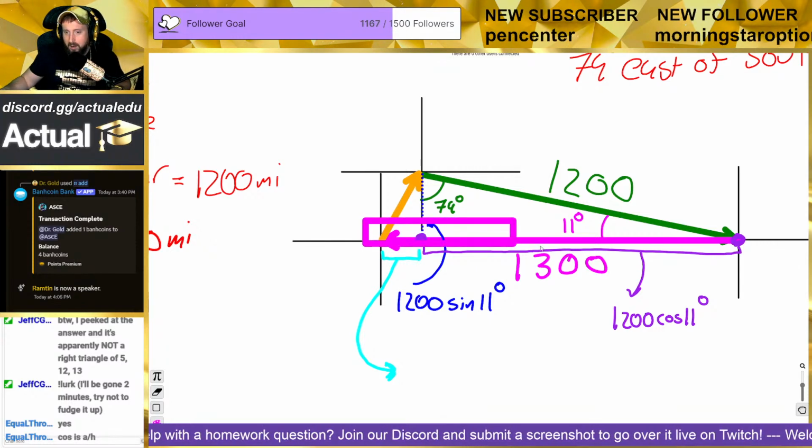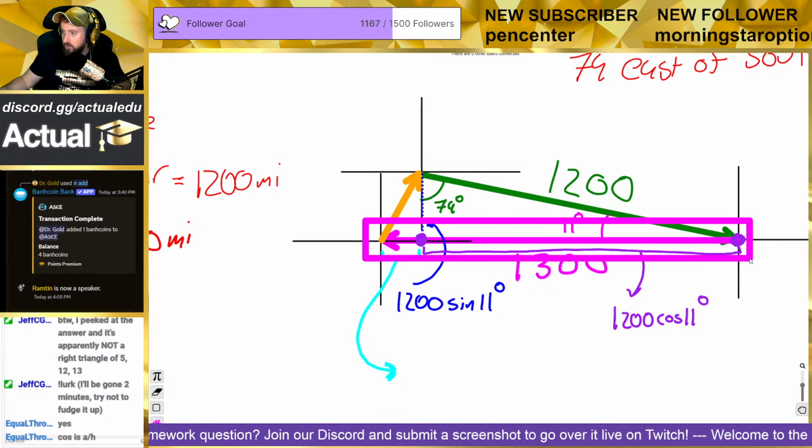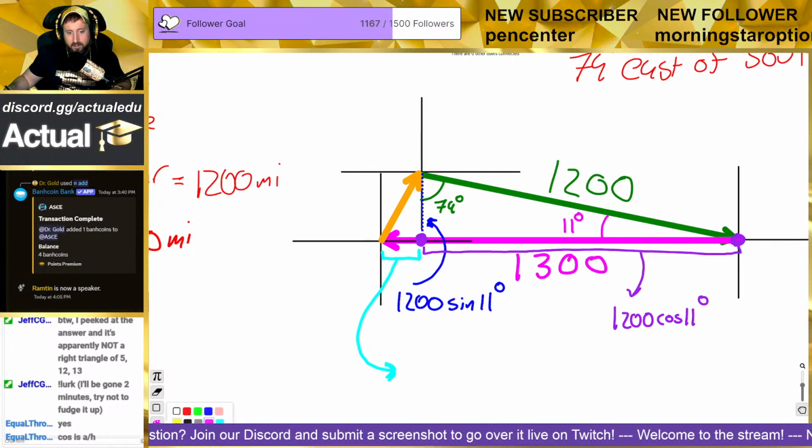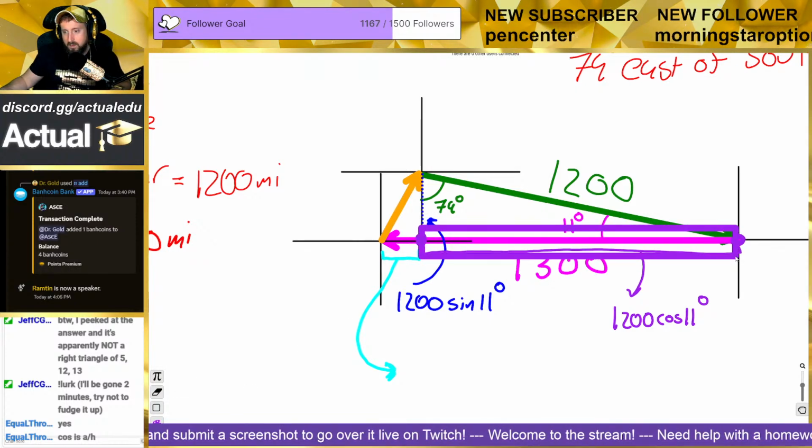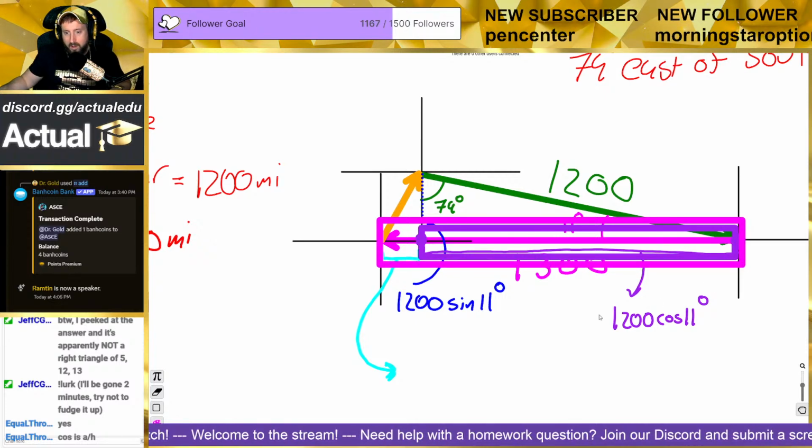Let's remember that the whole thing here is 1300. This thing right here is 1200 cosine of 11 degrees. And then I'm trying to get this little blue part right here.